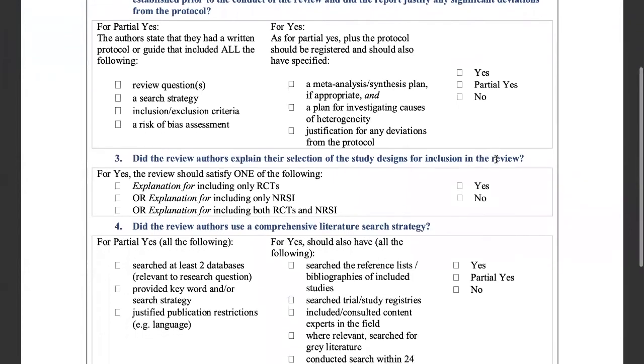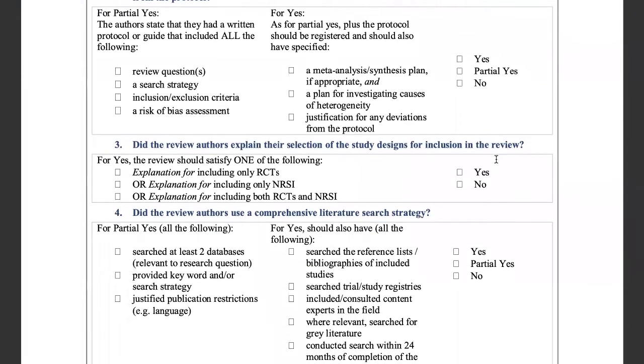Okay, so the third question is in terms of the selection of the study designs. So did the review authors explain their selection of the study designs for inclusion in the review? This is a tricky question because when I read this statement here, what I understand is that the authors need to explain the reason for including, for example, only RCTs and not RCTs and non-RCTs.